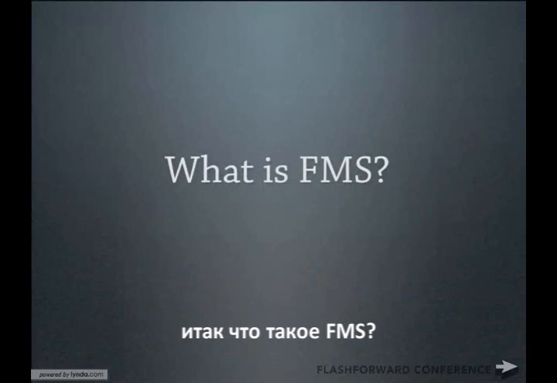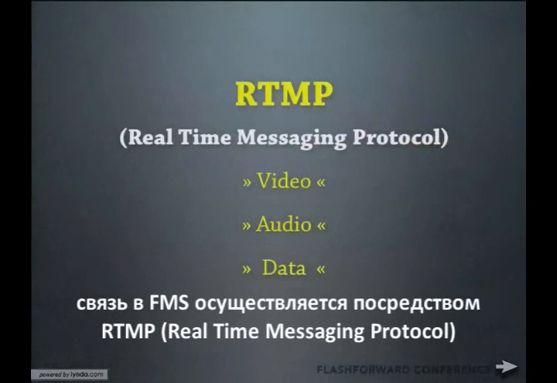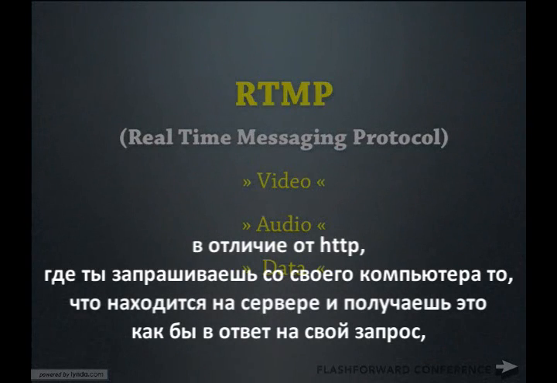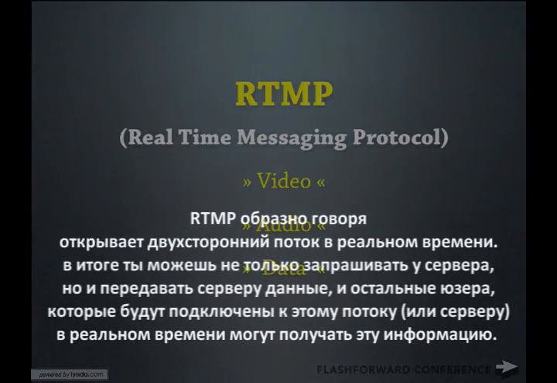First off, what is FMS? Well, it communicates using RTMP instead of HTTP. Normally, in HTTP, you request something from a server and you get something back. With RTMP, it actually opens up a socket that goes two ways.